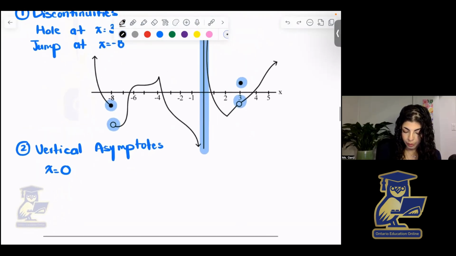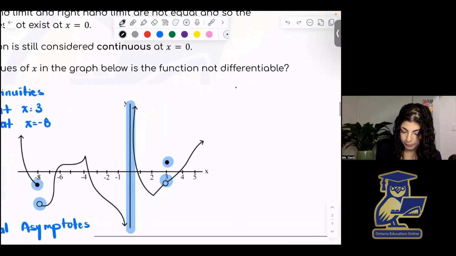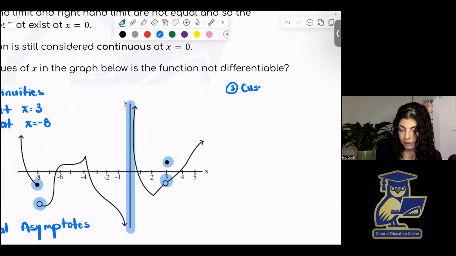And two other points here would be our cusps and corners. And pretty much think of these as the function having a sharp corner.